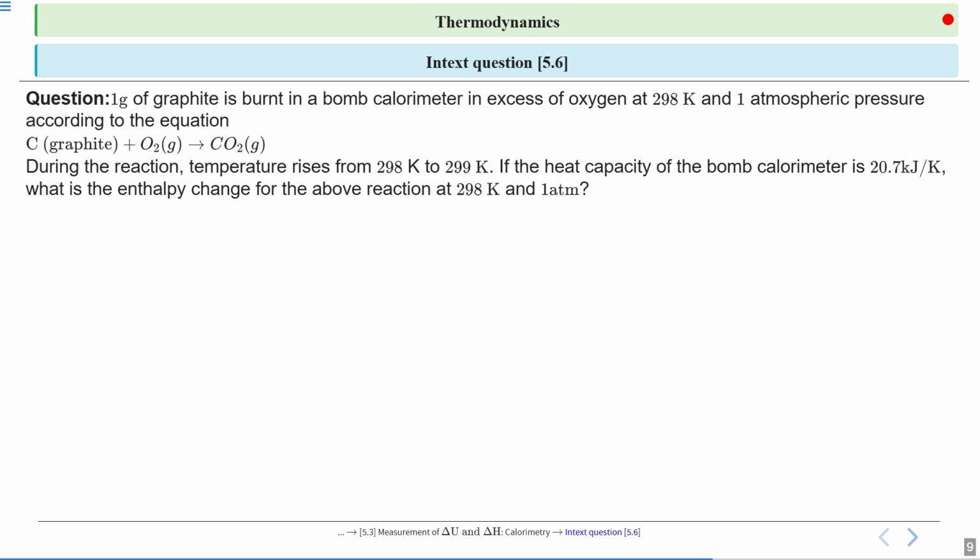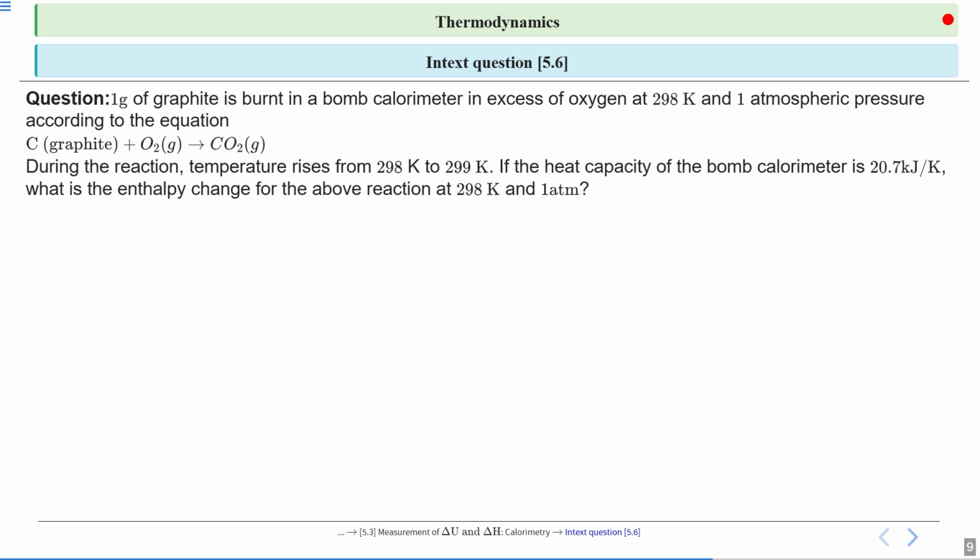Now here is a question for you. The question says that we are burning 1 gram of graphite in a bomb calorimeter, in excess of oxygen, at 298 Kelvin and 1 atmospheric pressure. The combustion is given as C graphite reacting with oxygen to give us CO2.